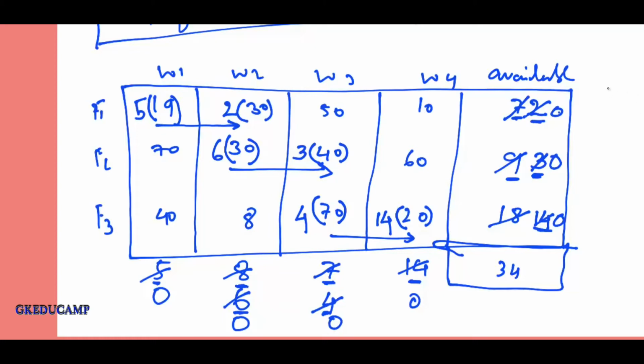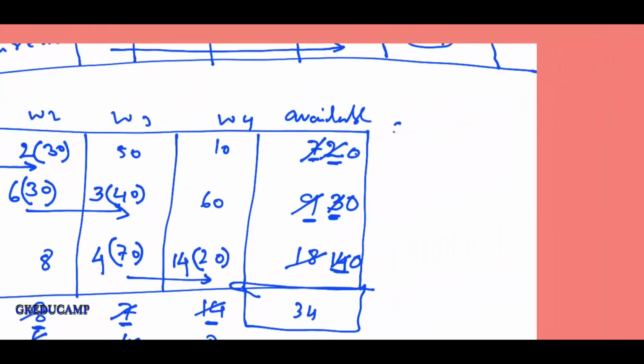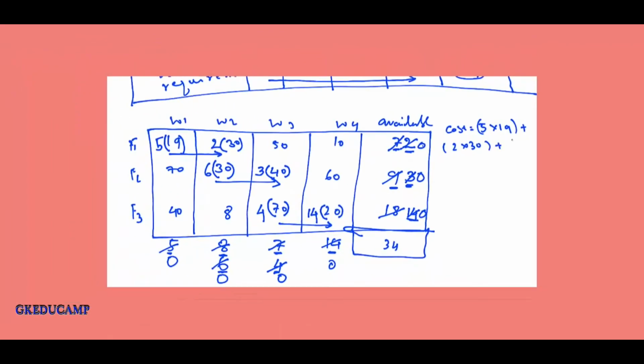If you add all of these values, you will get the cost: 5 into 19 plus 3 into 30 plus 6 into 30 plus 3 into 40 plus 4 into 70 plus 14 into 20.